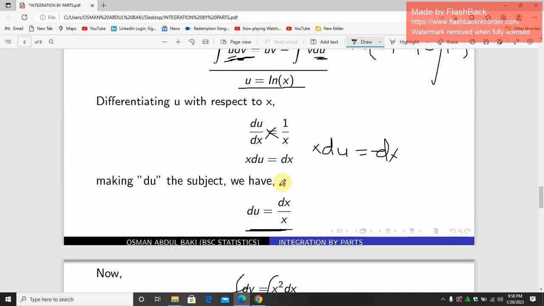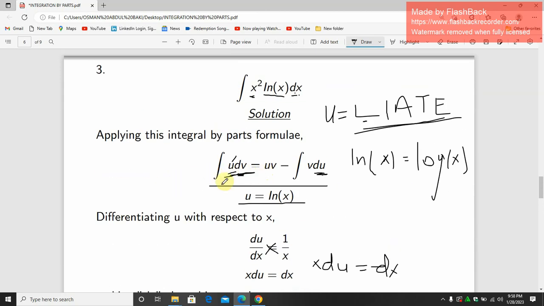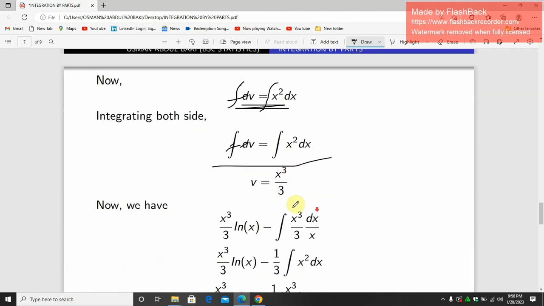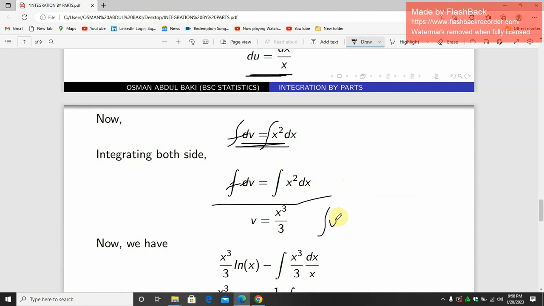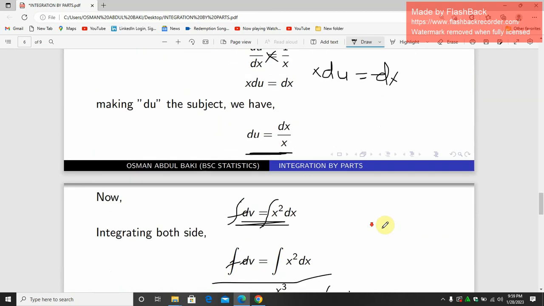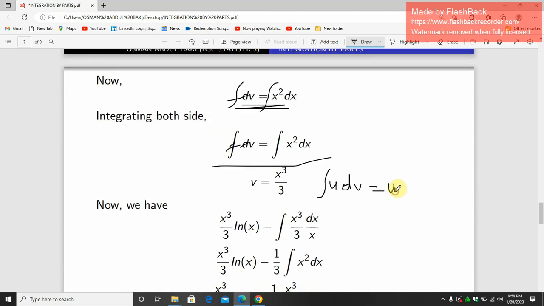Then you come back and put it in the formula. So after you find your v, you come back and put it in this formula: the integral of u dv is equal to uv minus the integral of v du. So this is where you have to put the functions or the variables that we are getting.